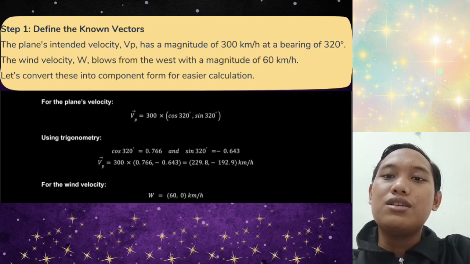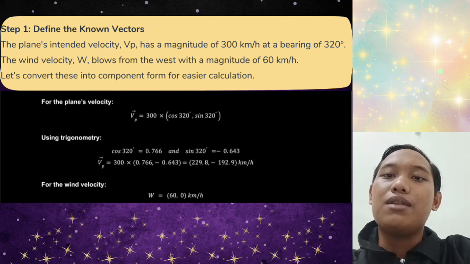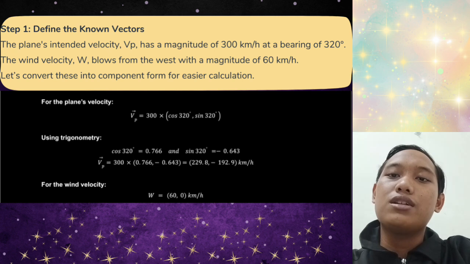Cos 320 degrees equals 0.766 and sin 320 degrees equals negative 0.643, and we get VP equals (300 × 0.766, negative 300 × 0.643), which equals (229.8, negative 192.9) km per hour.